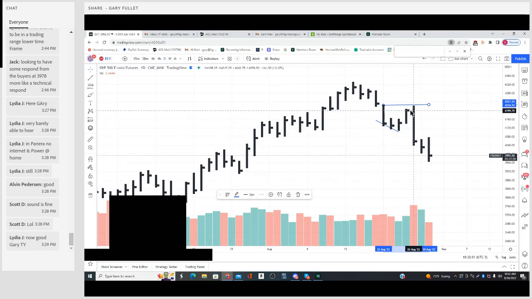It doesn't. Okay? So the market takes one bar down, 1, 2, 3 bars to go up. Do you see that? More labor down than up.